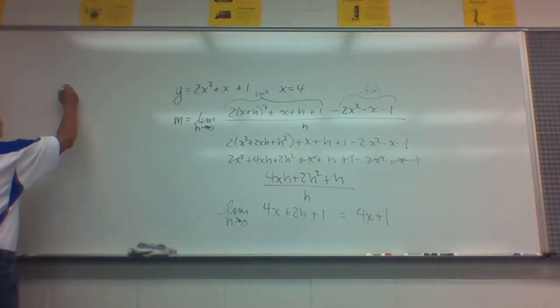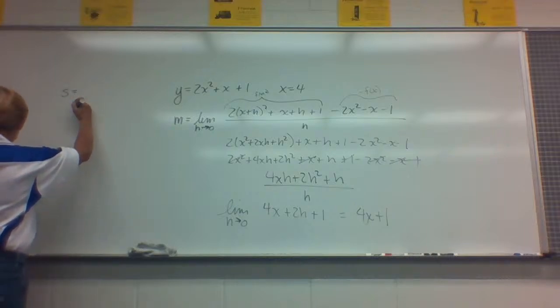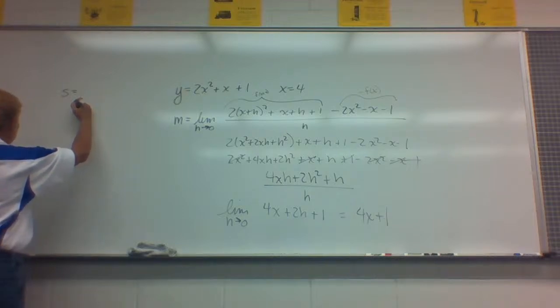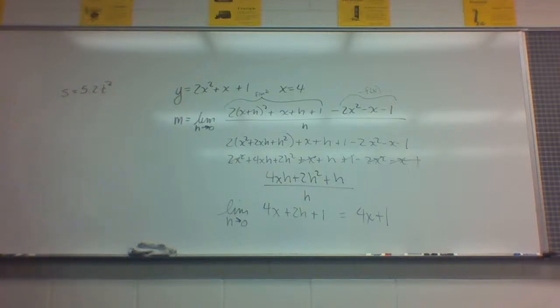As something like this. S equals, and this guy, even though he's really faithful to the idea of physics by using an S, he should also be faithful by using a negative, but he doesn't. So we'll say that he uses 5.2 t squared. I don't like that. Should be a negative, but we're going to go with what he's got, because this is how it's presented on the quiz.